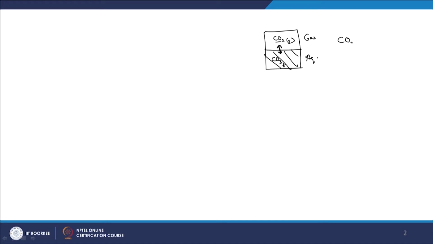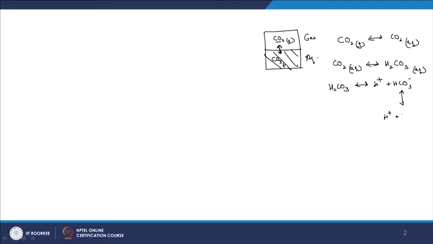We know that carbon dioxide gaseous can dissolve to CO2 aqueous, and obviously that CO2 aqueous would be in the form of H2CO3 aqueous, the acid. And again we know that from our background H2CO3 can dissociate into H plus and HCO3 minus, which can further dissociate and be in equilibrium with H plus and CO3 2 minus, right?